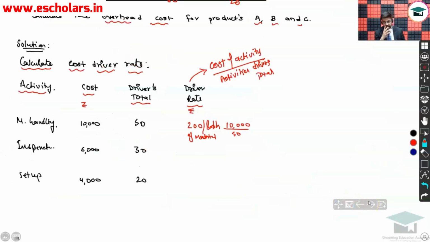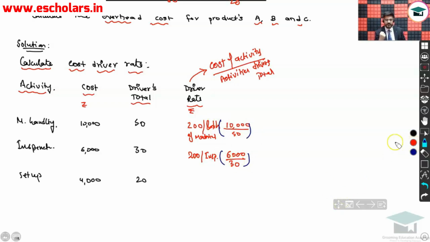Same thing I have done here, and now I'm going to do exactly the same thing for the second activity, that is inspection. What is the cost of inspection? 6,000. What is the driver's total? 30. So 6,000 divided by 30 will give me again rupees 200 per inspection. That means whenever we do one inspection, we incur 200 rupees of inspection cost.